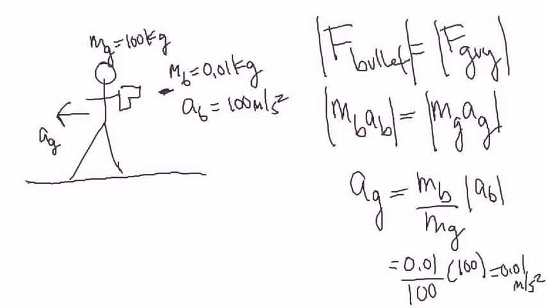Now, you could make a gun with less recoil if you understand this. Think if you had a heavier gun, that would mean that m_G is bigger. And so the denominator in this formula is going to be bigger, which is going to give you a smaller recoil acceleration. That's one example.